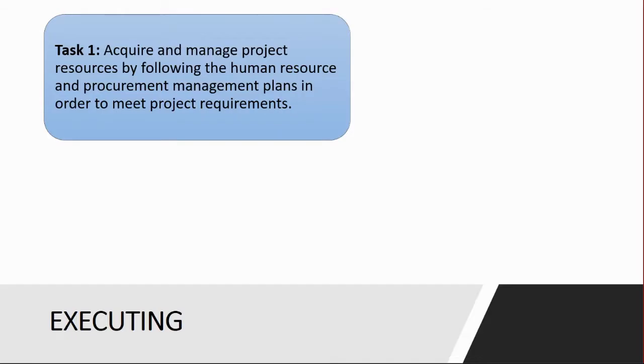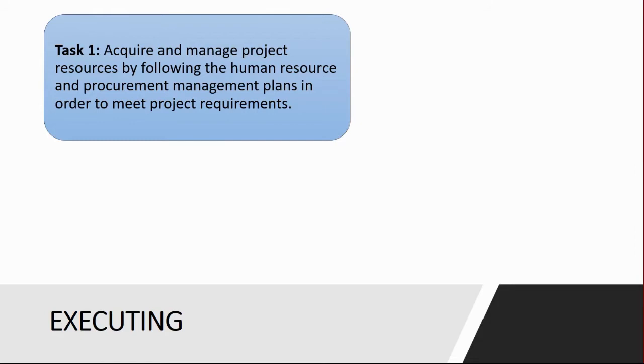So the key goal of task 1 is whatever the resources you have, be they human, equipment, or material, you must acquire them. And after you acquire them, bear in mind that in addition to managing the team, there should also be some accountability for how those resources, non-human resources, are being managed on the project.